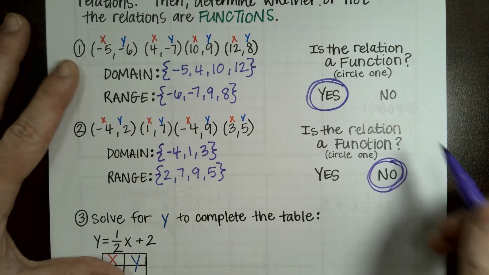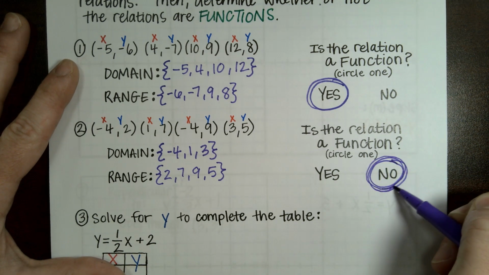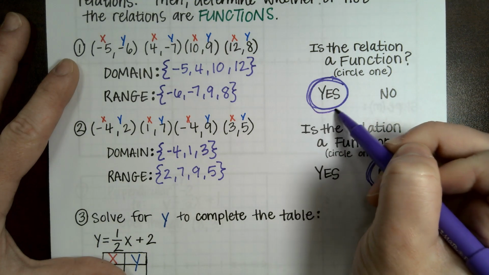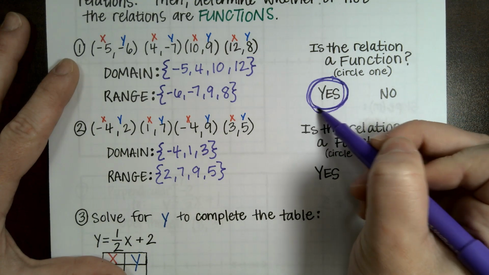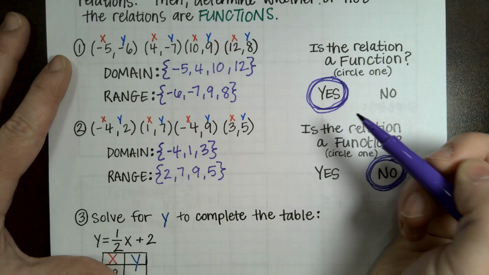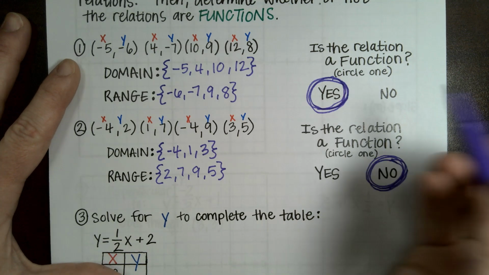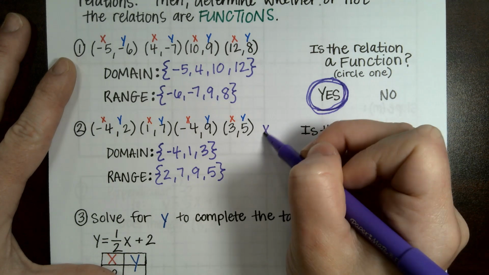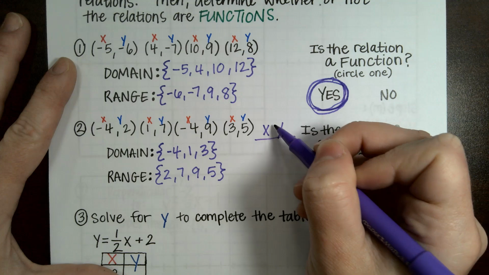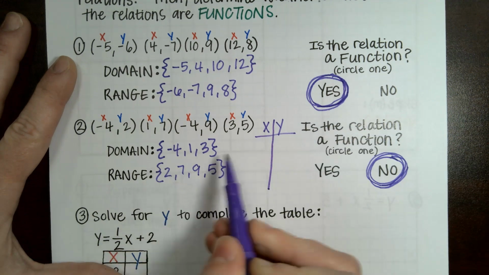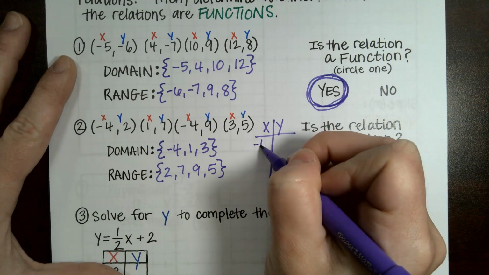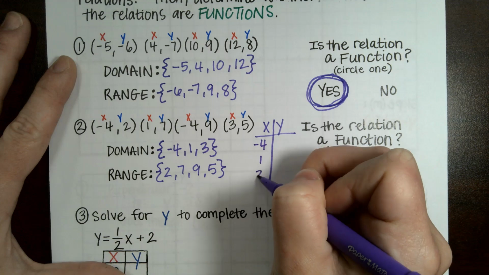Good. Do you guys want a refresher on how we can check if something's a function in case we forget or are unsure? Yeah, we can create that x and y chart. So here, I'll show you real quick. You would just write your -4, your 1, and your 3.